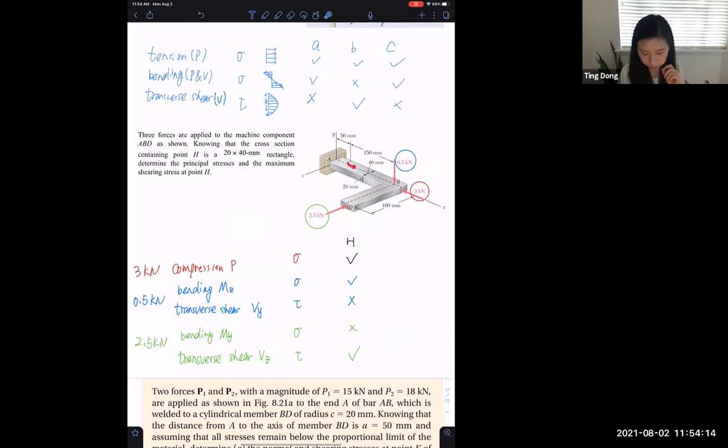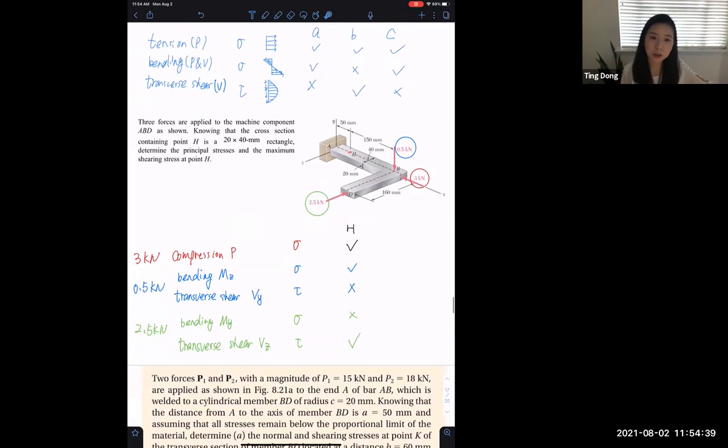H is the midpoint if we consider it's bending in this way, so the normal stress is 0. And for shear stress, on the neutral surface, shear stress is maximum. So we have the shear stress.